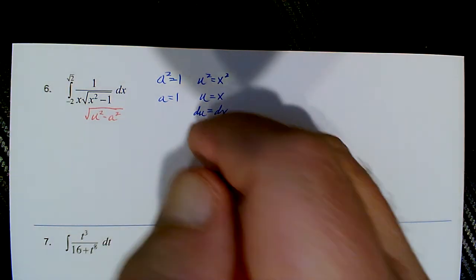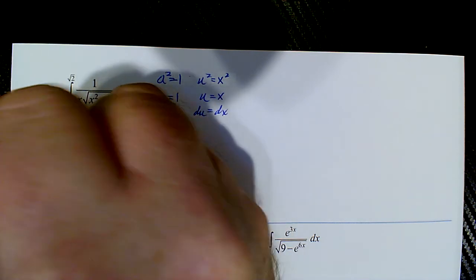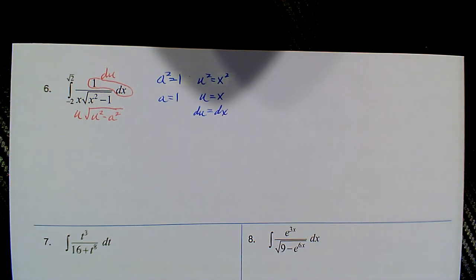That is, we already have the square root of u squared minus a squared, there's a u out in front, and the 1 over x satisfies the du. So it's kind of silly to make a u substitution, because, I mean, if you want to, you could.